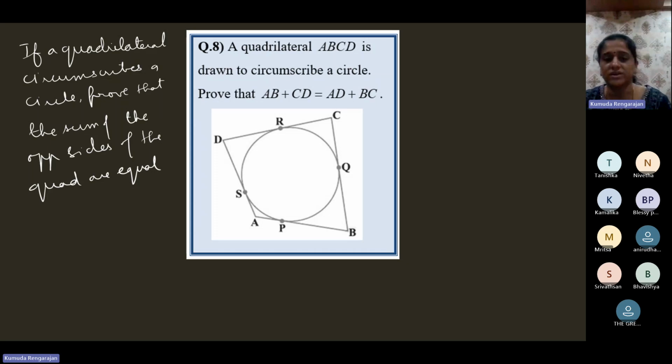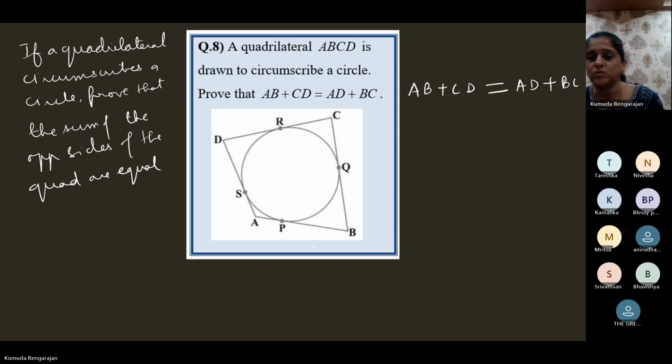Sum of the opposite sides. Opposite sides are what? AB and CD. Then the other pair of opposite sides, AD and BC. Sum of the opposite sides are equal. Okay.